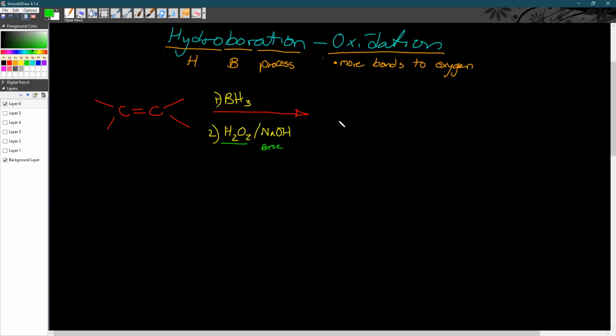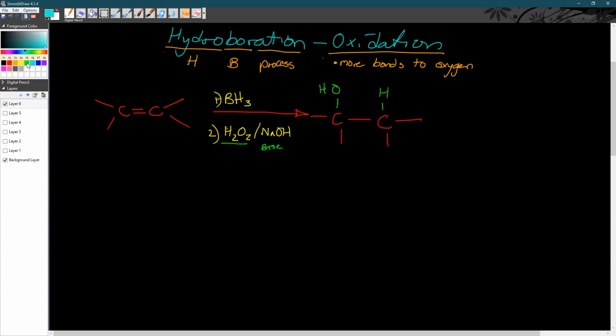Okay. What's going to happen is we're going to be degrading that carbon-carbon double bond into a carbon-carbon single bond. And we're going to be adding OH and H across the carbon-carbon bond.